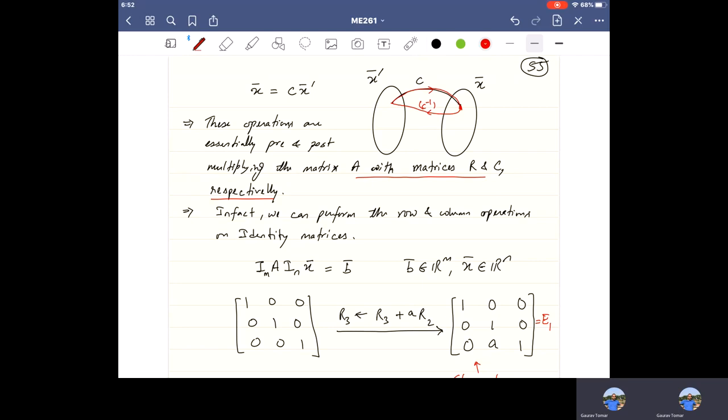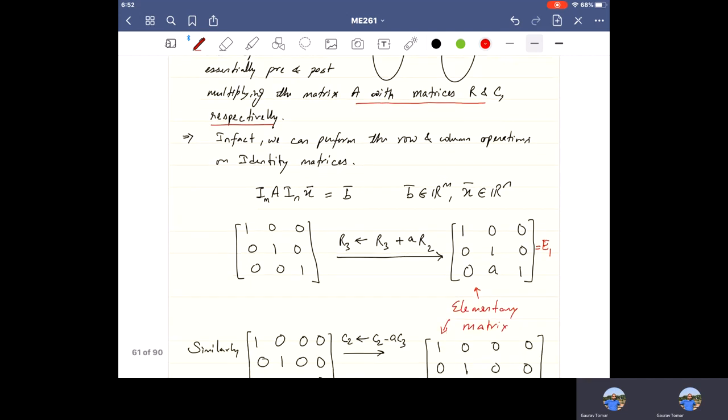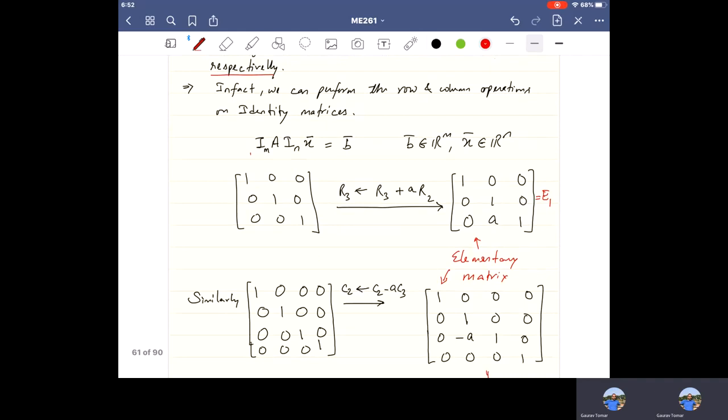So now, to get these matrices R and C for the example that we had taken, we can start by looking at identity matrices, which are M cross M, where M in this case is 3, because we were looking at a 3 cross 4 matrix. So I_M, which is pre-multiplying, has to have dimensions of 3 cross 3. We are doing row operations, so we do the row operation on this identity matrix.